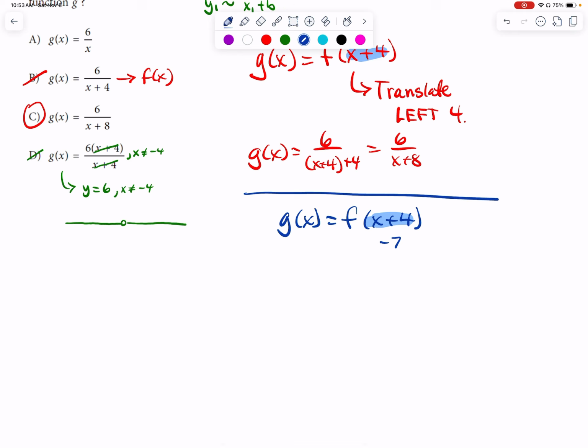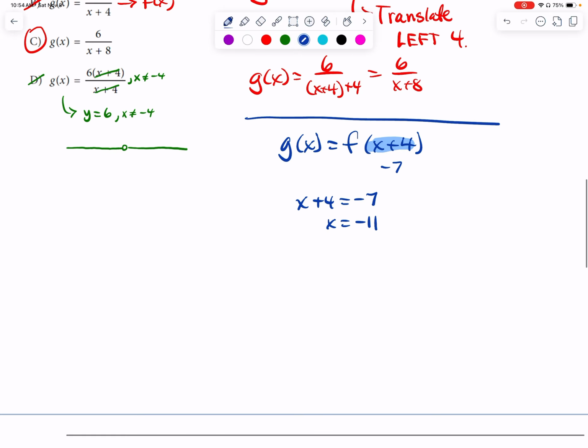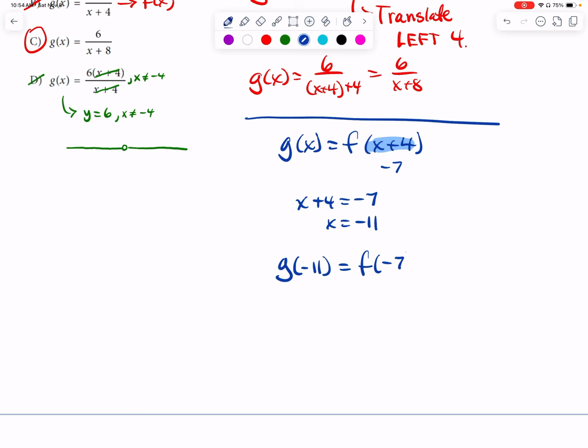So why don't I just set those 2 things equal to each other? In other words, x plus 4 is equal to negative 7. If I subtract the 4 over, I get negative 11. In other words, g of negative 11 is the same thing as f of negative 7, right? If I plug in a negative 11 in here, negative 11 plus 4 is negative 7. And then I can see that specifically it moved to the left 4, not to the right 4.